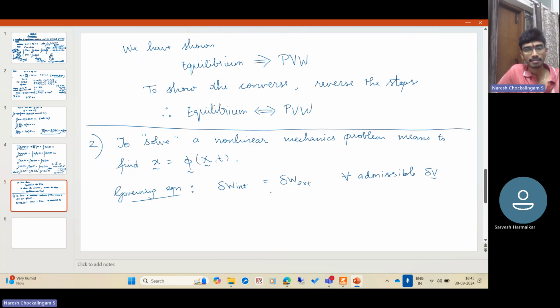We have to ensure that the internal virtual work done by the Cauchy stresses on the virtual rate of deformation tensor is equal to the external virtual work done by the traction and the body forces on the velocity field for every admissible velocity field.